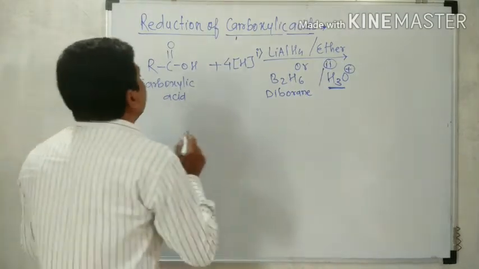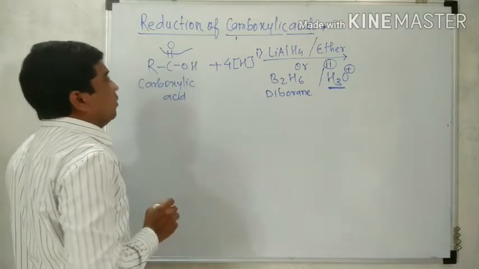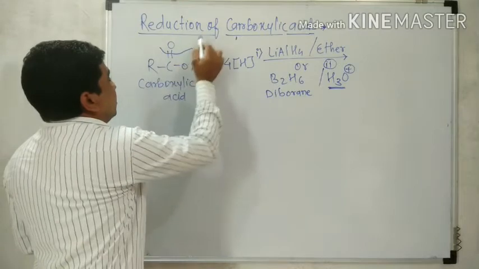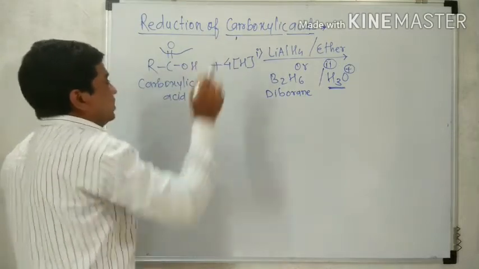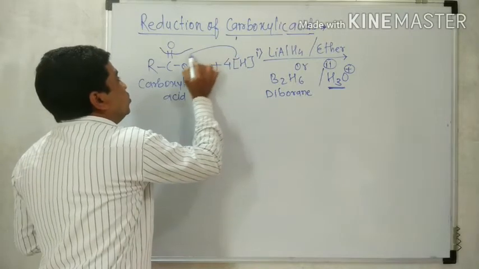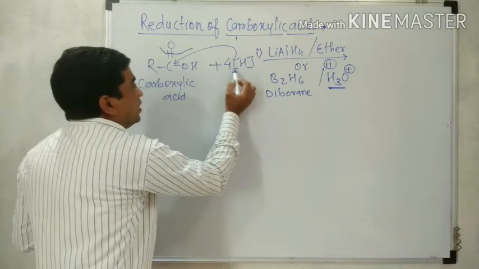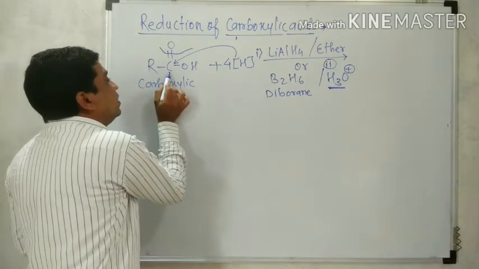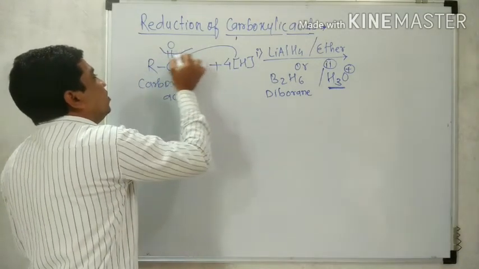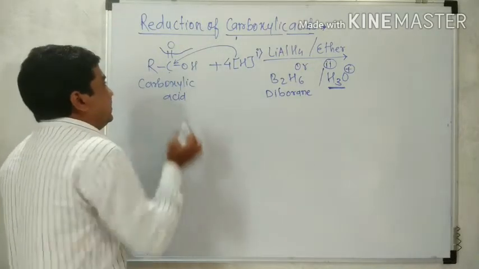The double bond breaks, and the oxygen gets removed from that carbon. Out of the 4 hydrogen atoms, 2 are added to this carbon, and the oxygen gets separated from the carboxylic acid.